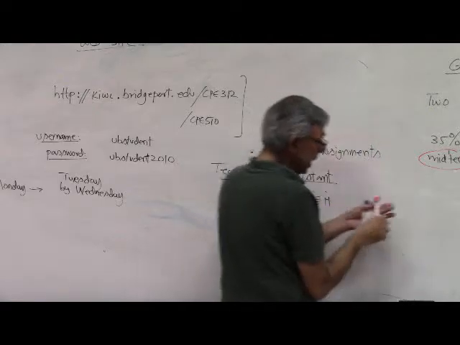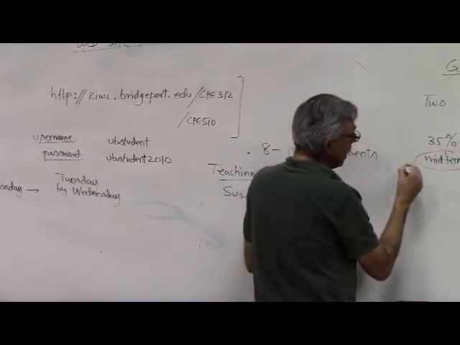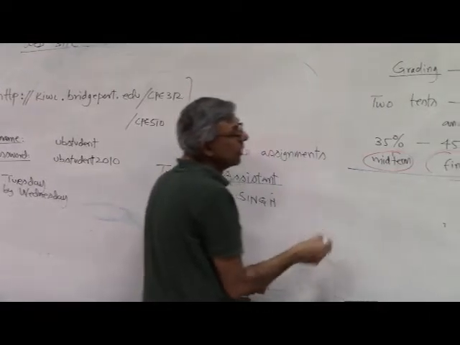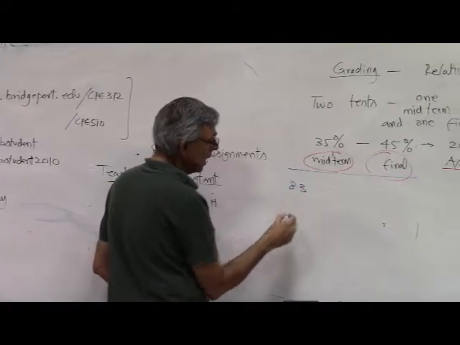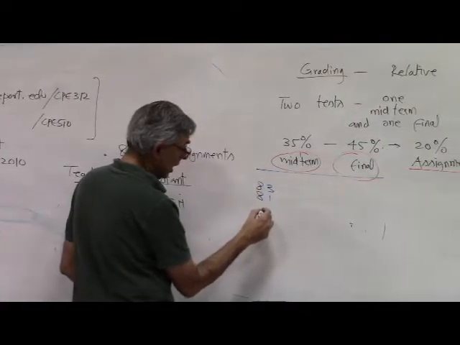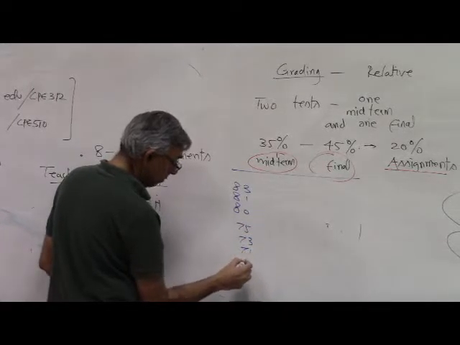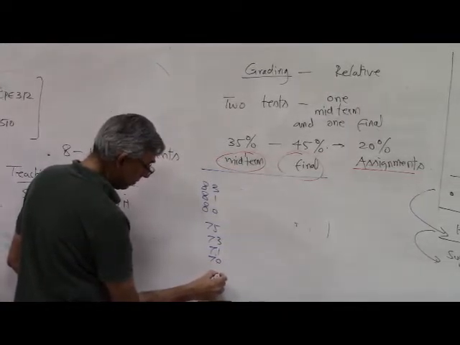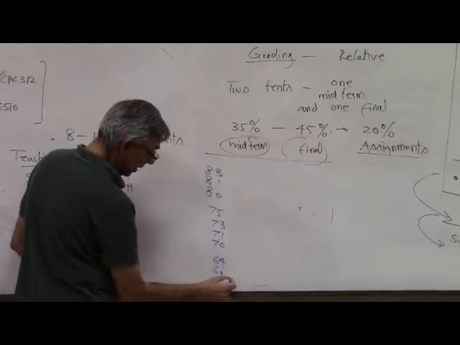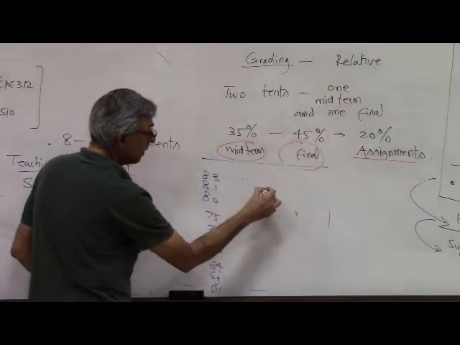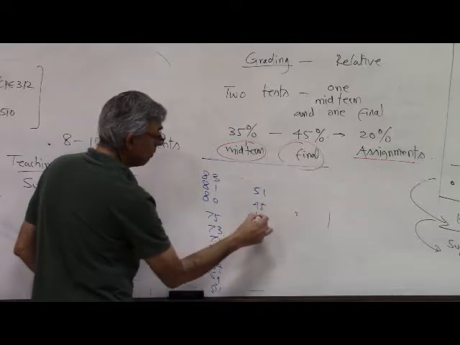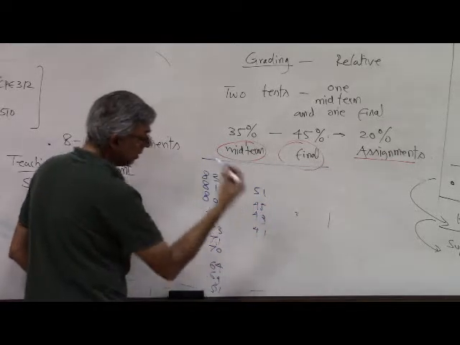So anyway, at the end, just to give you an idea how I do the grading, let's say the highest student gets an 83, then 81, then 80, then 75, 73, 71, 70, 64, 63, 61, 51, 45, 43, 41, something like this.